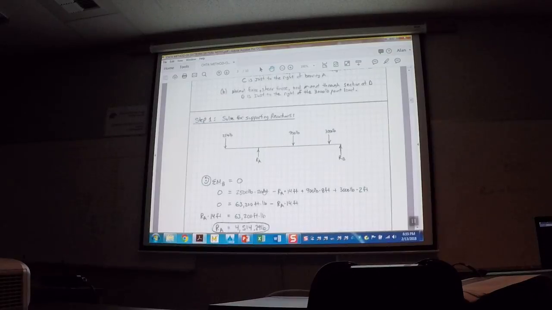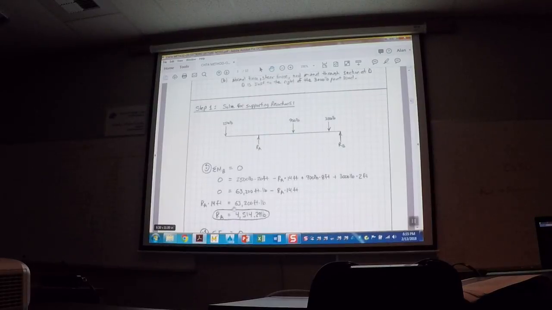So then I started multiplying it out. This times that, this times that, this times that, and add them all together, and I got 63,200 pounds. I still have this minus whatever reaction that is at 14 feet over. So I took this chunk that was negative and brought it over to the other side, which makes it positive. And then I divided both sides by 14. The reaction at A, in order to keep this balanced, that collar must hold up 4,500 pounds.